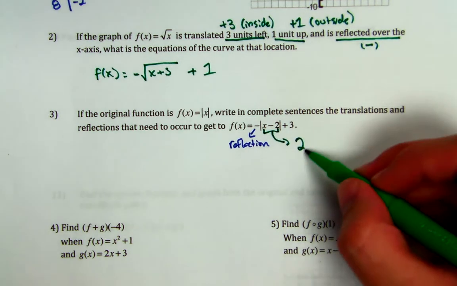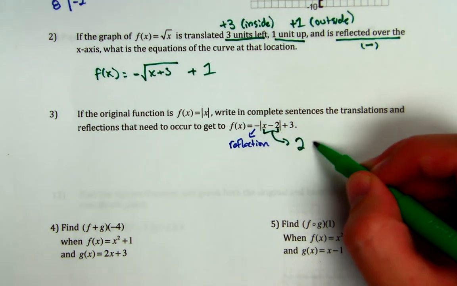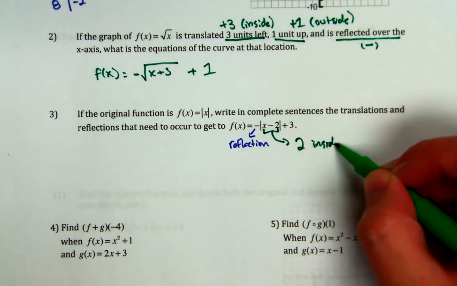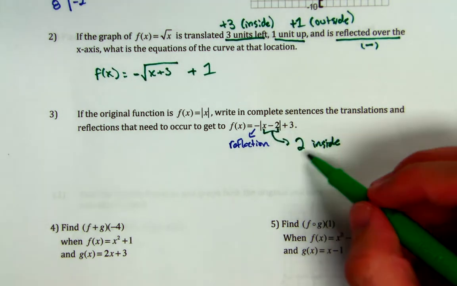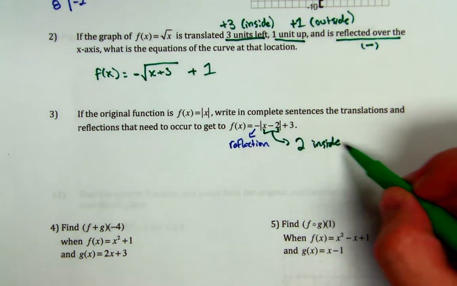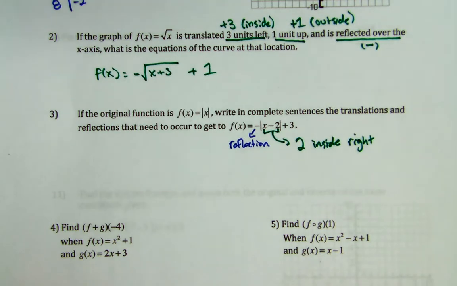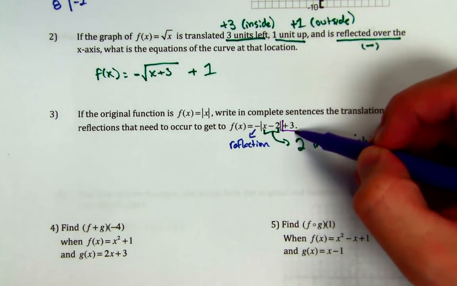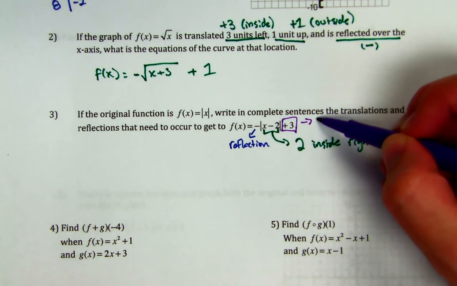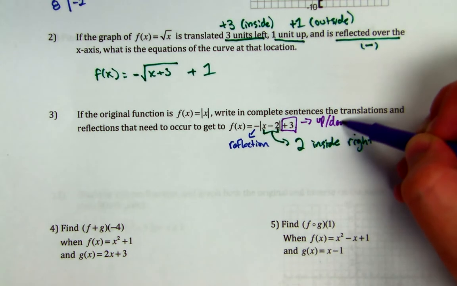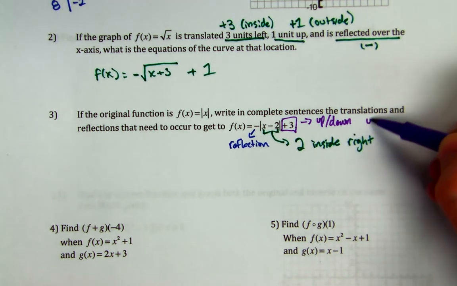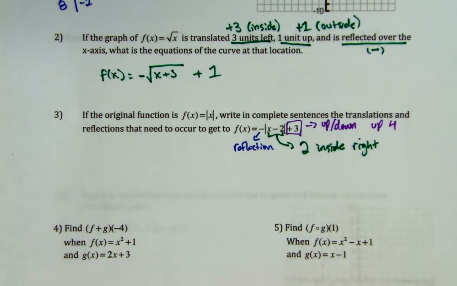It should be 2, and since it's inside, that tells me left and right. Since it's the opposite, I'm going 2 to the right. And then finally, I have a value outside here, plus 3. That tells me up slash down. Well, it's positive, so I need to go up 4.